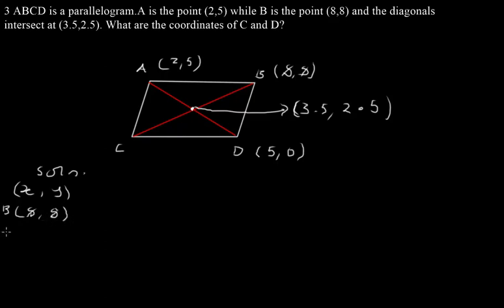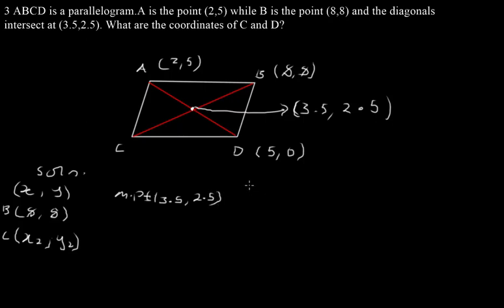For C, let's name them x2, y2. And for the midpoints, we have the same coordinates, which are 3.5, 2.5.